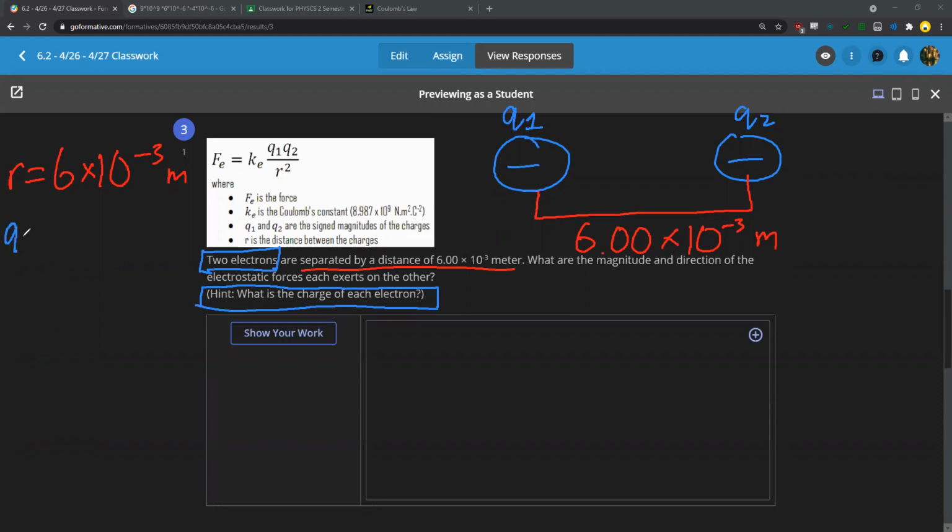Q1 is negative 1.6. It's an electron, it's negatively charged. So both Q1 and Q2 are negative 1.6 times 10 to the negative 19 coulombs.